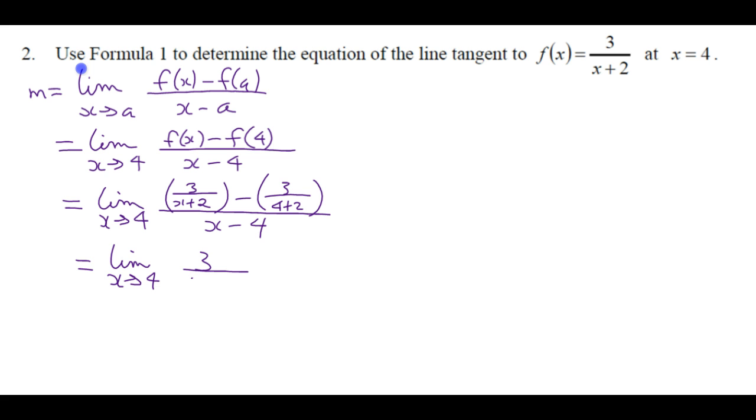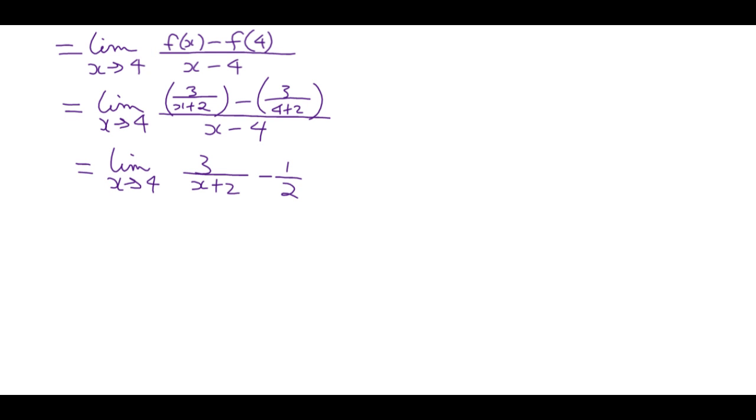Remove the brackets. That's 3 over 6, which is a half. Over x minus 4, not done. Common denominator.